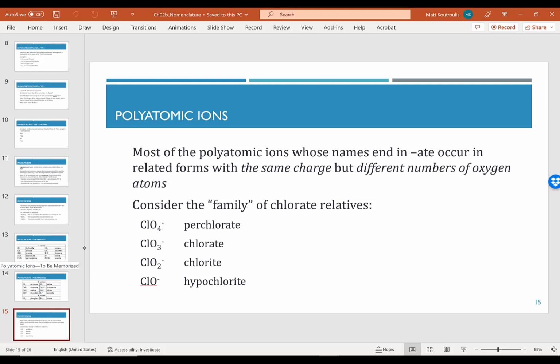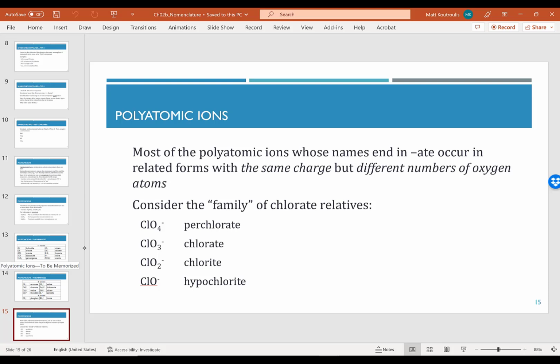So first of all, what are the 2 things that they do have in common? They all have chlorine and oxygen. And the other important thing that all 4 have in common is they're all -1, right? None of them are -2, -3, +1. So in a family here, they have the same elements and the same charge.